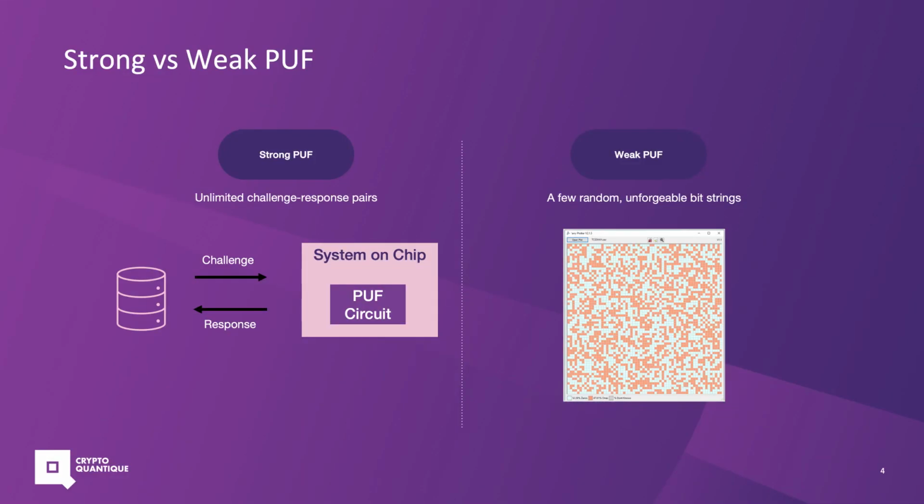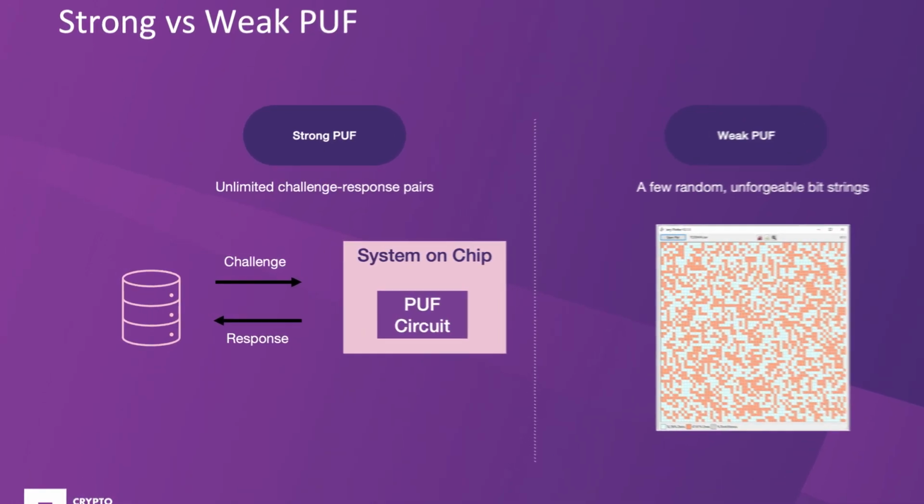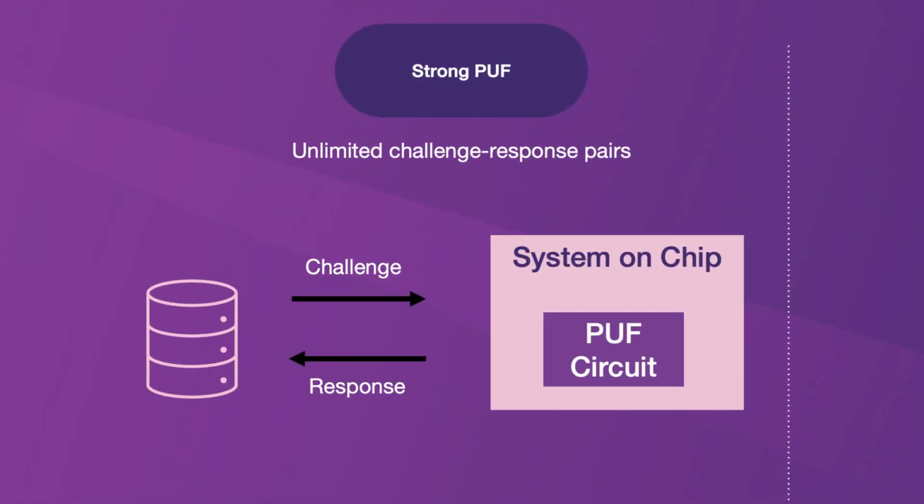If you look at the literature published over the past 15, 20 years or so, there have been various definitions of PUFs and what they are. The first category would be a strong PUF, and that's where it started. Strong is obviously better, though not always the case.